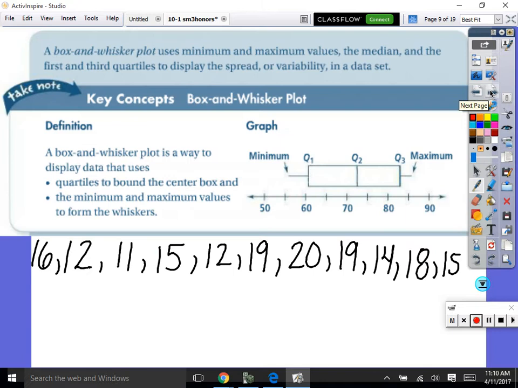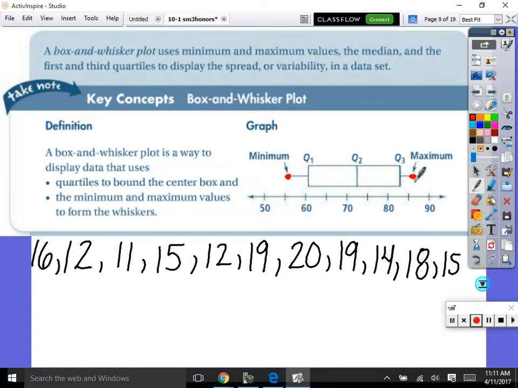So let's review box and whisker plots. It sounds like you've done it before. So this is what a box and whisker plot looks like. You have your box. The median is the middle part here, so the overall median would be quartile 2. Then quartile 1 is the end of your box, and quartile 3 will be the upper part of your box. And then you have your little whiskers, and they connect to your minimum value and your maximum value.